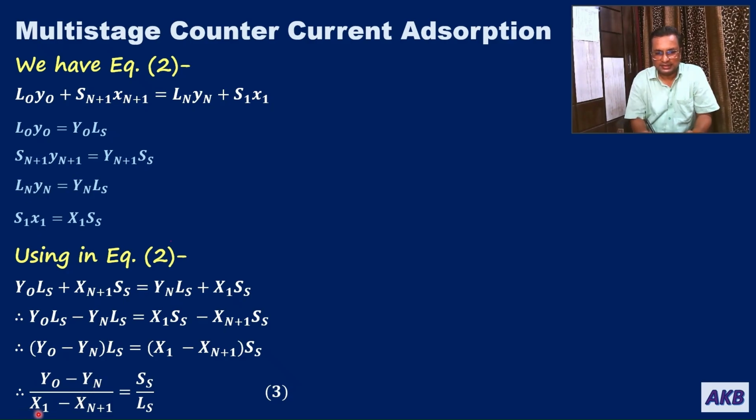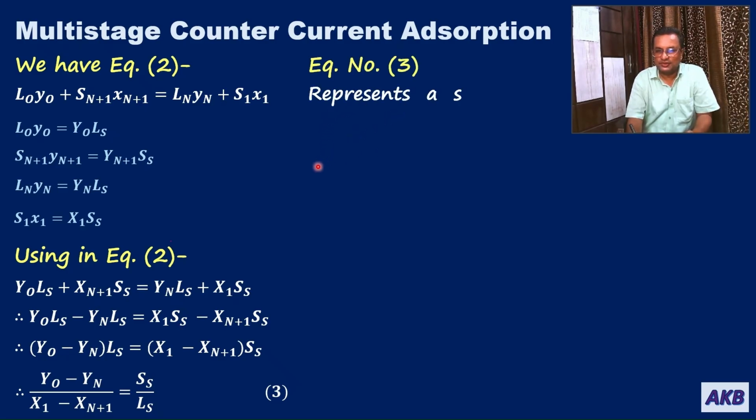X1 is the final concentration of the solute on the adsorbent that comes out, minus the concentration of the solute on the adsorbent that enters. So there is no need of making any rearrangement as we did with the cross current operation. The equation will remain as it is.